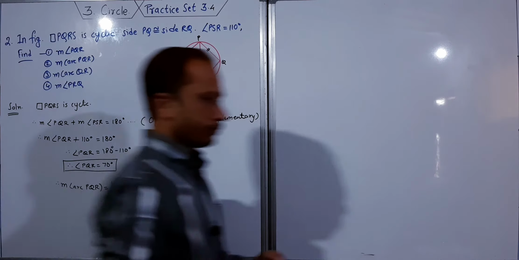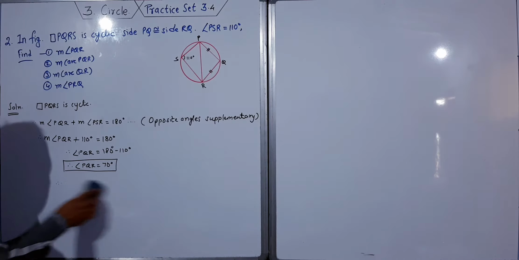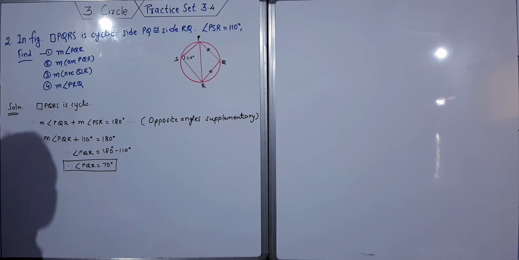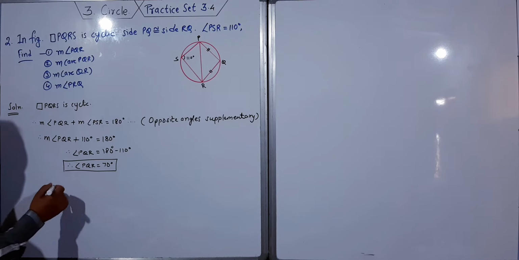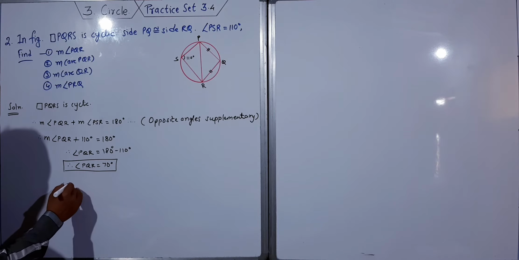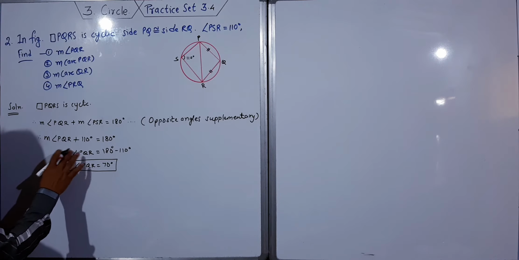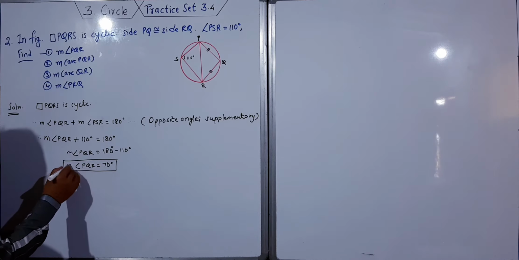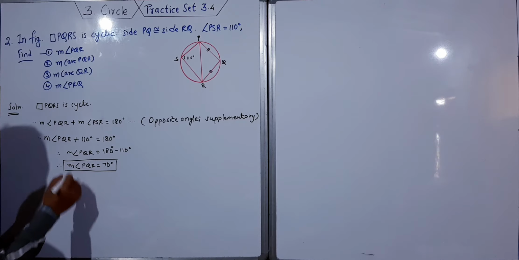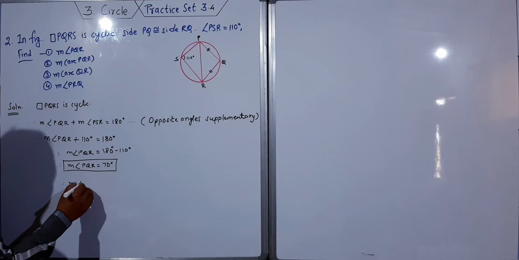But this is also correct, but I need to change the parameters. So now, what we have to find is the measure of arc, but we will write the measure of angle. Measure of angle, which angle? PSR.